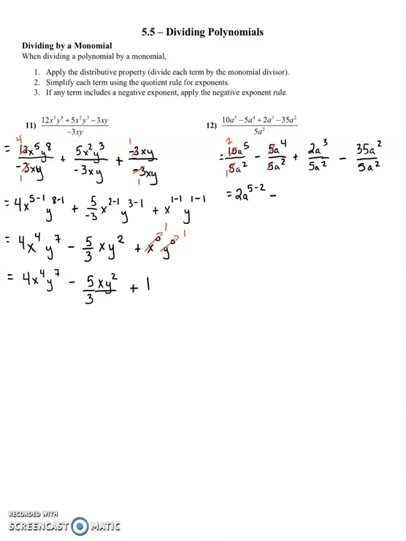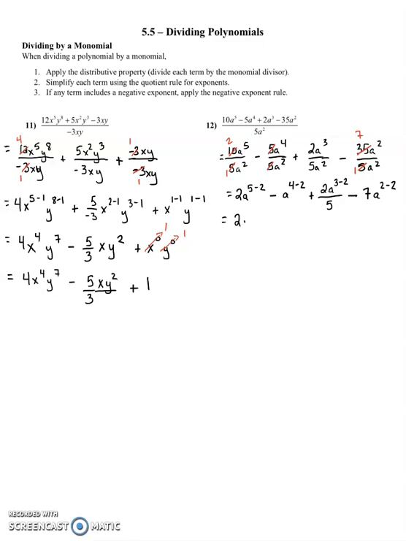The 5's cancel out in the second term, so we're left with a to the 4th minus 2, plus 2a to the 3 minus 2 over 5, minus. 5 goes into 35 7 times, and it goes into itself once. So minus 7a to the 2 minus 2.